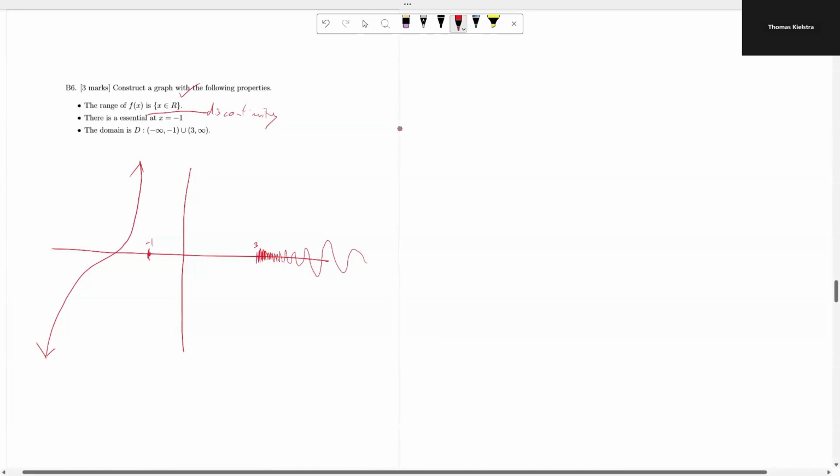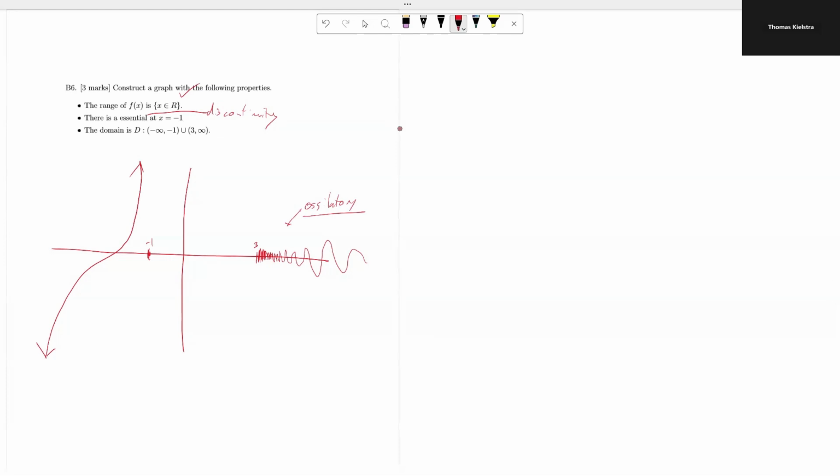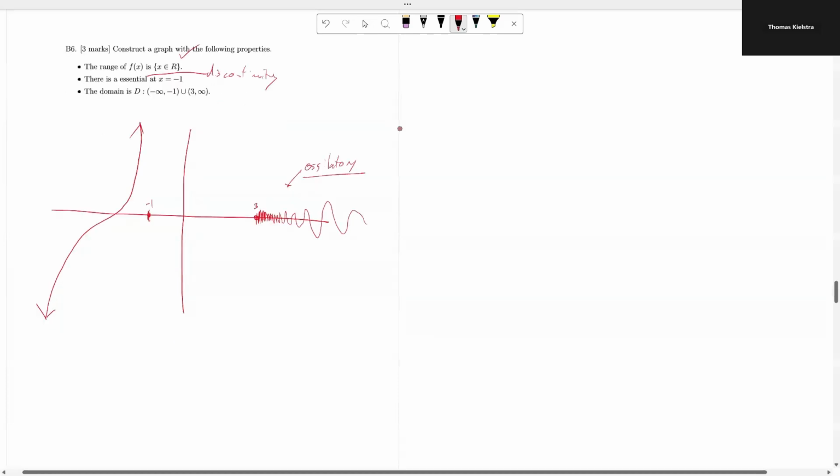And I'm going to put a little word oscillatory. And meaning it never actually hits a point. It never gets to 3. There's no definition at 3. And I'll put a little circle there to say, see, I'm not defined here. Lovely. And we have our B6.